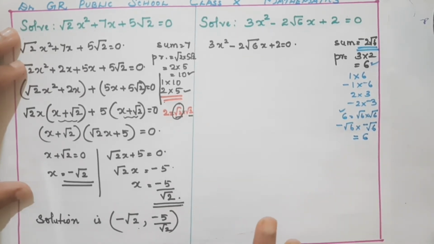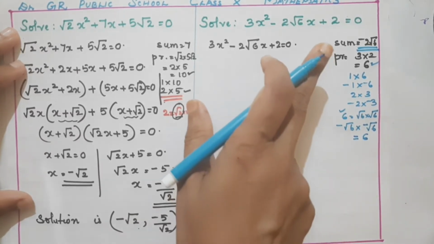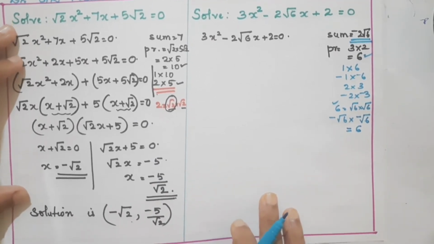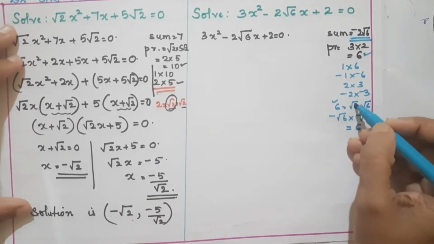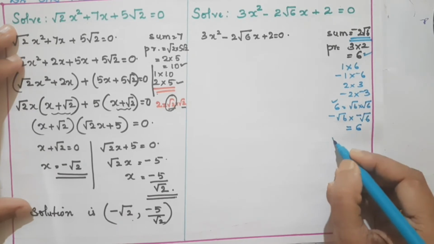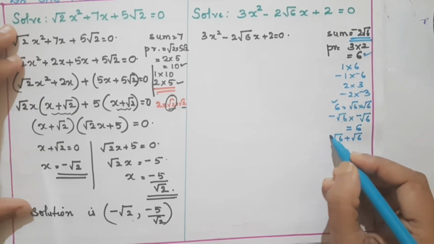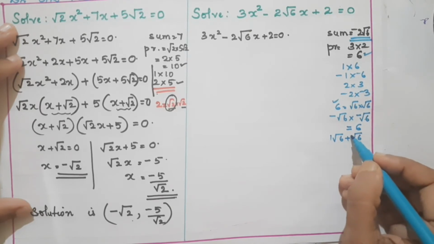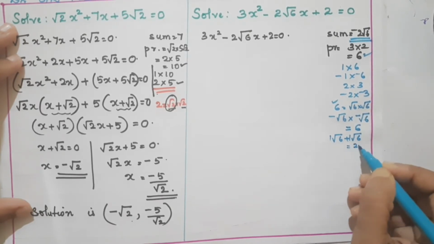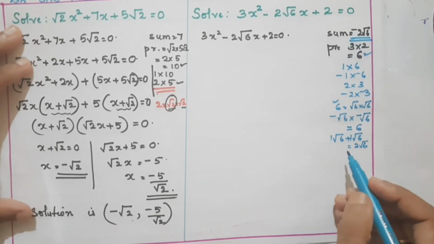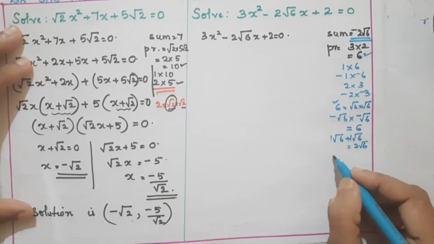Now you can identify our suitable pair for getting sum as minus 2 root 6. What is that? If we consider root 6 and root 6, what is root 6 plus root 6? Root 6 means actually 1 root 6. 1 root 6 plus 1 root 6, 2 root 6. But we need minus 2 root 6. So which one can be taken?